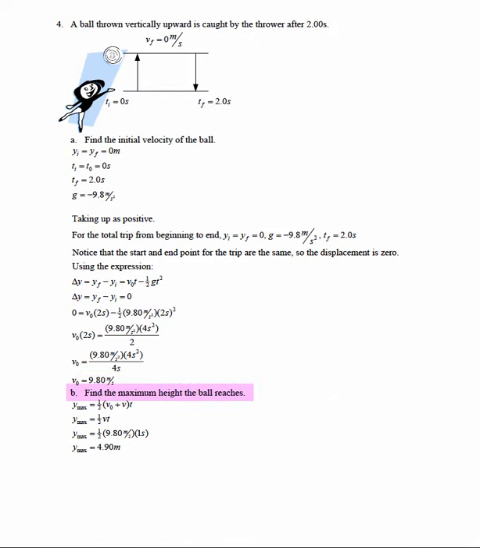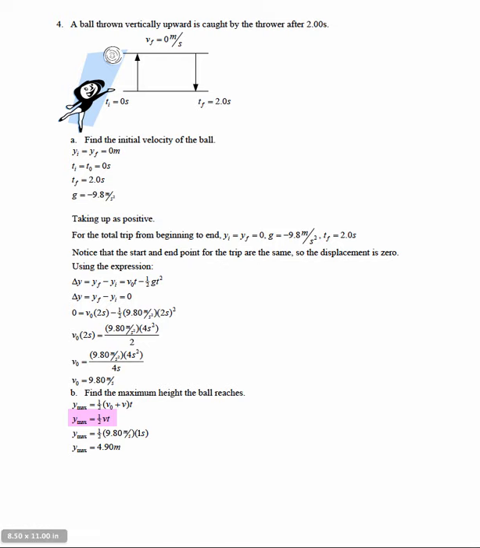The second part of the problem asks us to find the maximum height that the ball reaches. So if we start from 0 and we go to the point where gravity stops the ball, that becomes the maximum height. So y maximum, the relationship is 1/2 the velocity initial plus the velocity, times time. Since we know the initial velocity is 0, we can multiply through 1/2 times the velocity times time.